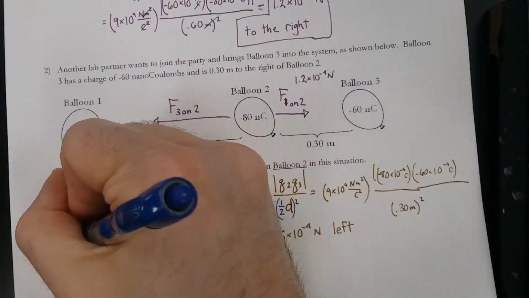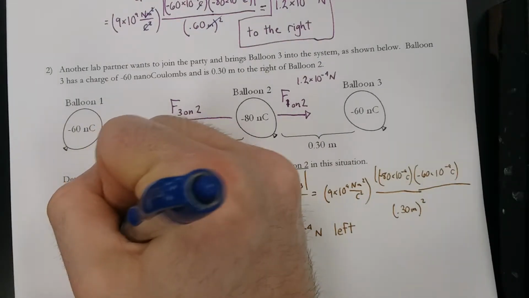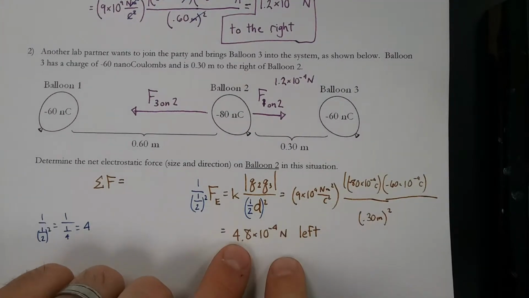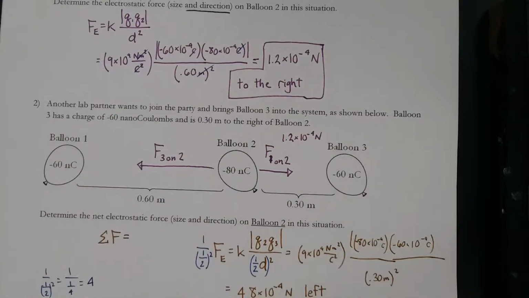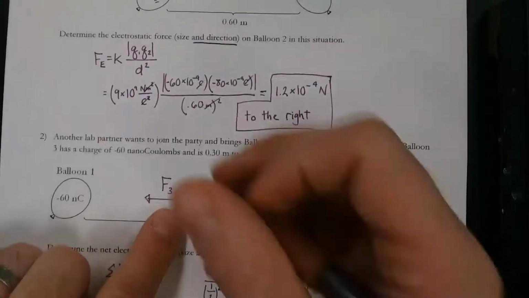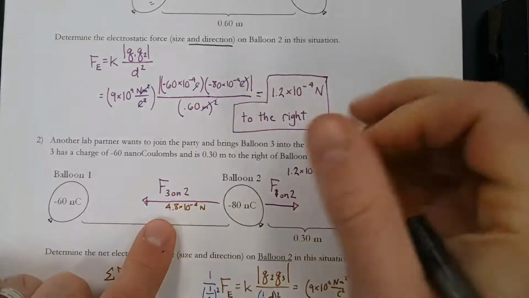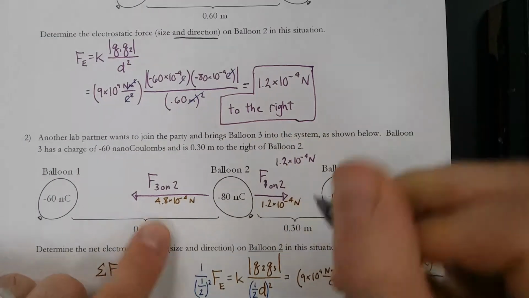Little algebra, 1 over 1/2 squared is 1 over 1/4, which is 4. So this electrostatic force is going to be 4 times as strong as it was previously, and that's what I see. This force is 4.8 times 10 to the negative 4th newtons, and this is 1.2 times 10 to the negative 4th newtons.